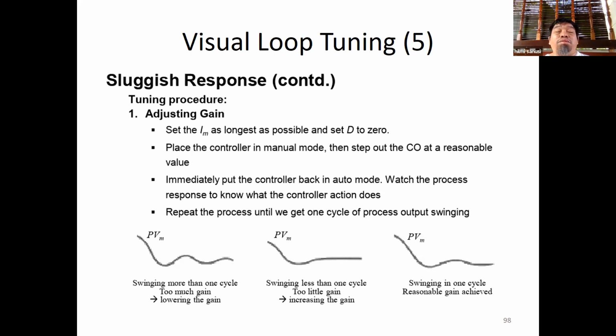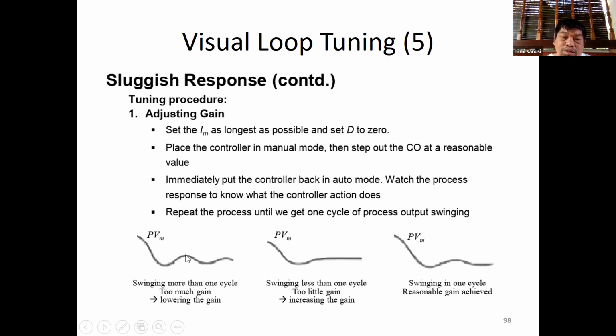Okay, so you repeat this thing sampai dapat one cycle of process output swing. So this is swinging in one cycle. Dia swing. 1, 2, lepas tu dia mati.